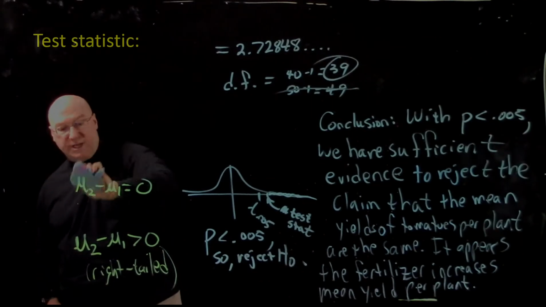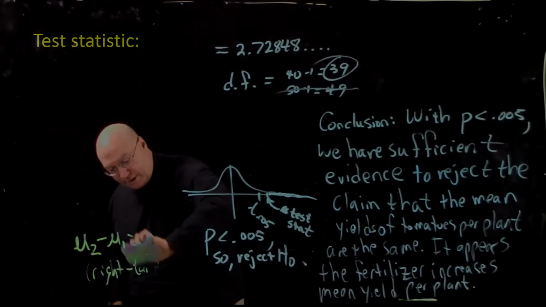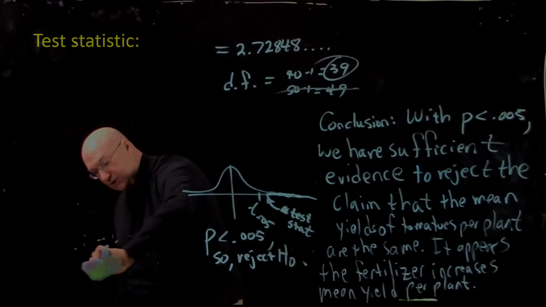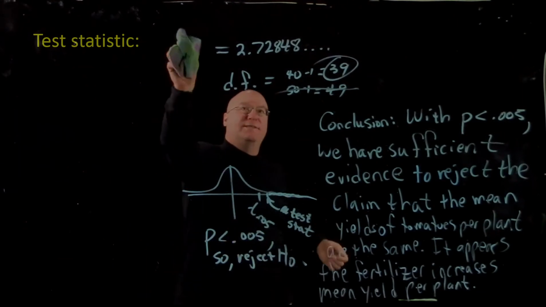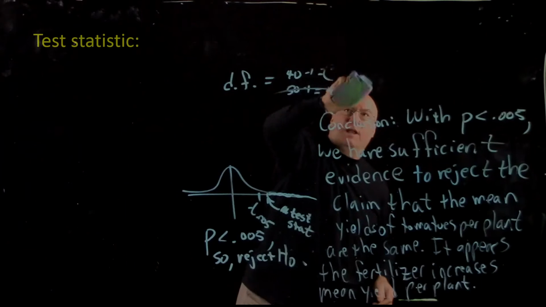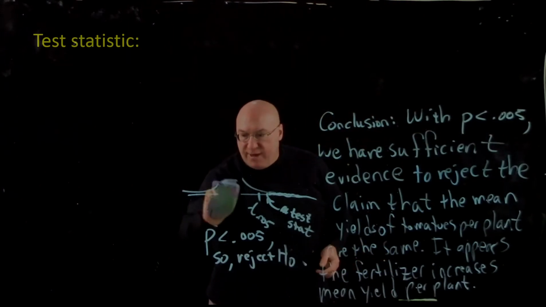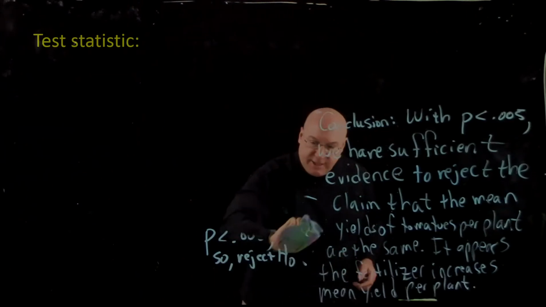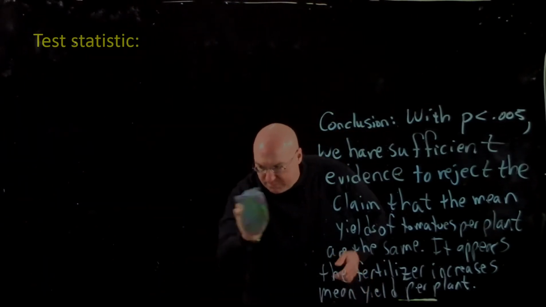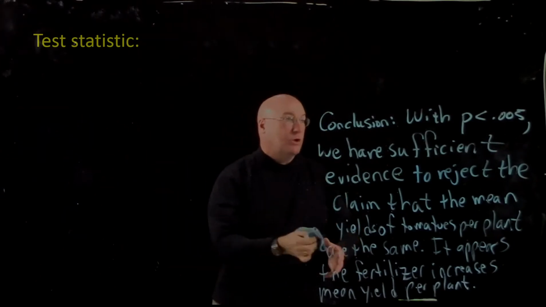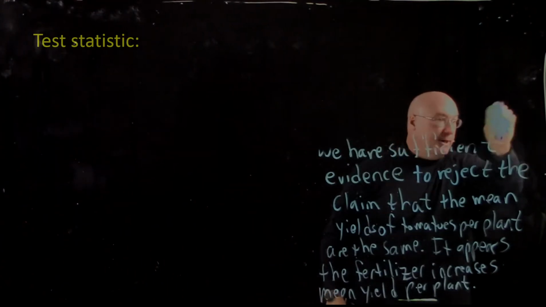But the thing to understand is that in a situation like this, and this is really where difference of means is used a lot, you're testing whether something has some effect, right? A fertilizer or a cancer drug or whatever. So you have a group of individuals that you perform the fertilization on or give the drug to, the group that you treat, that's called the treatment group.